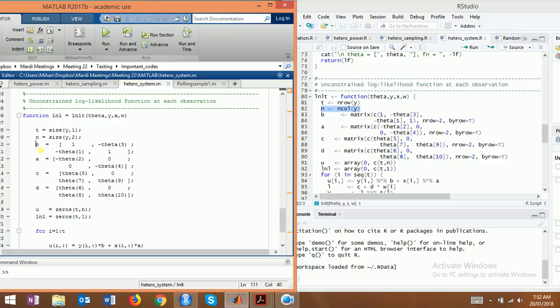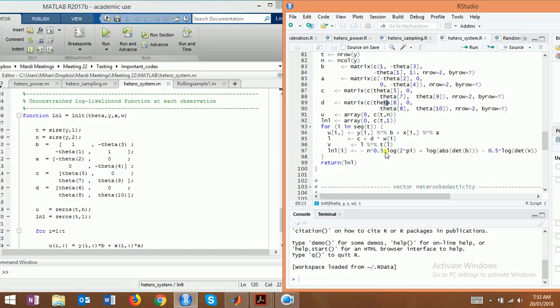So 1 minus theta 3, minus theta 1, so minus theta 2, minus theta 4 combined, then presumed with matrix 5, 7, 9, 6, 8, 10. This is the important part. How you represent what will be stored here is what is going to be used for your hypothesis testing. So the position of your thetas, which theta is stored where.